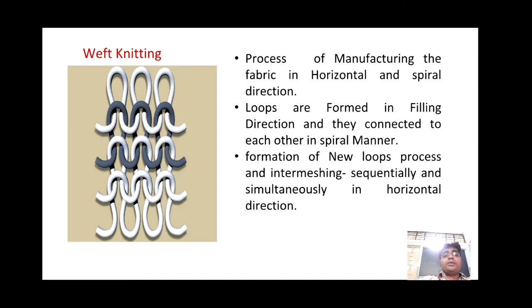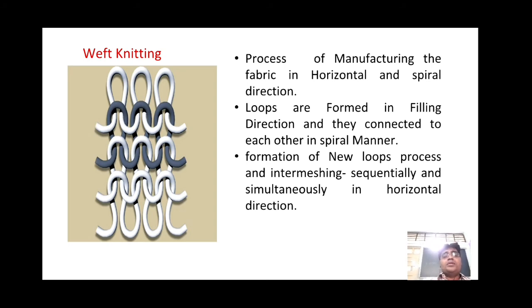If I am going to define the process of weft knitting, it is a process of manufacturing the fabric in a horizontal and spiral direction. Now what is this horizontal and spiral direction going to indicate?